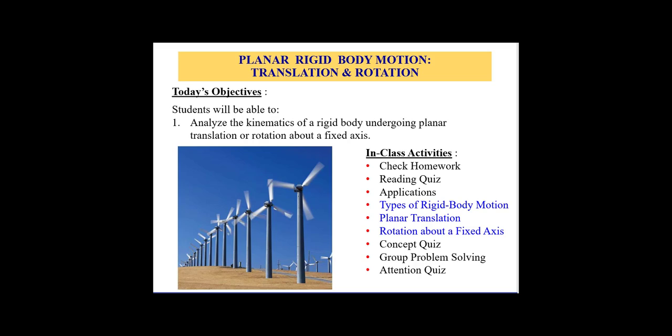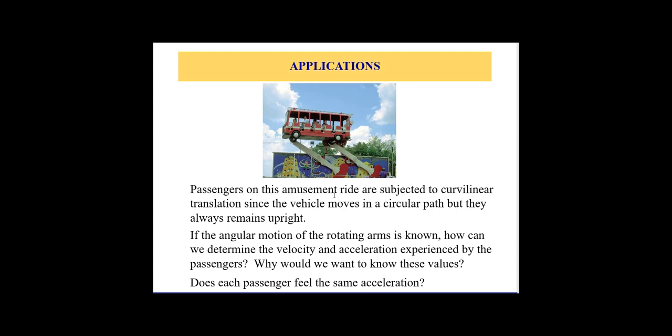Applications of rigid bodies are found in amusement parks, where you have a ride, a bus, which is connected to two cantilever mechanisms that are rotating, because both of them have equal spacing. It keeps the bus always level horizontally, meaning that this bus is undergoing a circular motion.